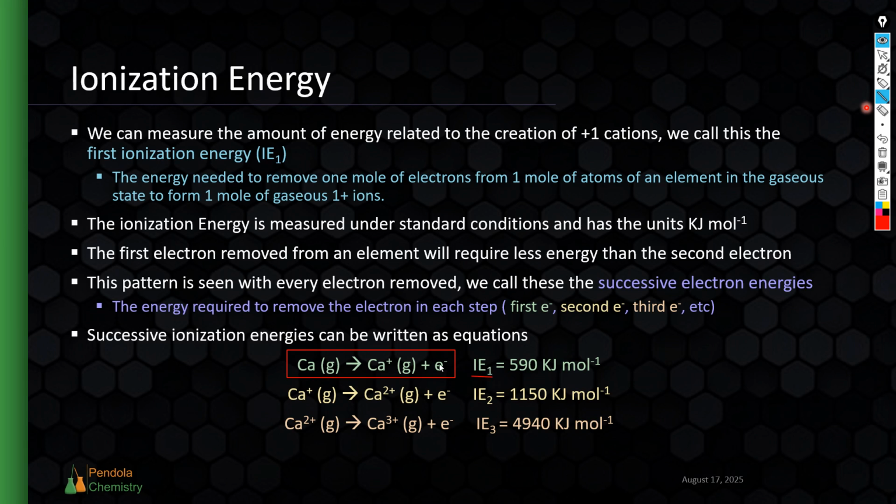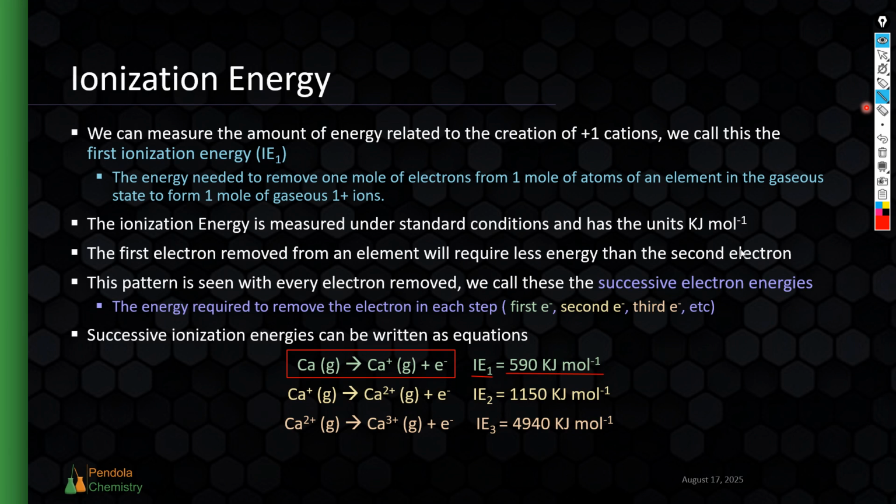So we can symbolize that first ionization energy in that equation, and then we can actually assign a number to that because we know how much energy that takes. The first ionization energy, or IE1, of calcium is 590 kilojoules per mole. And remember, this mole to the negative 1 means per mole, or divided by moles.